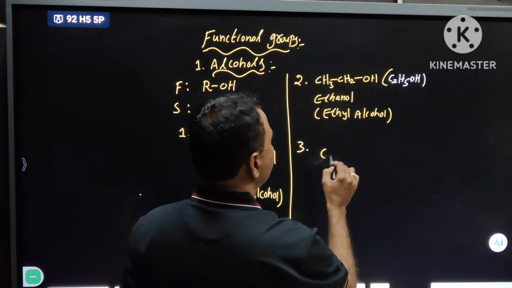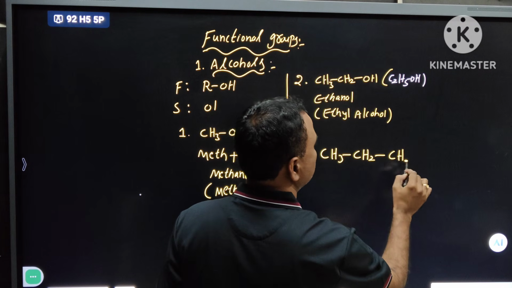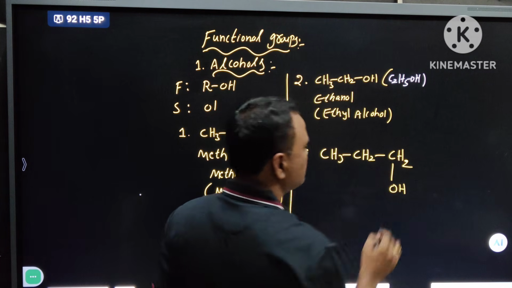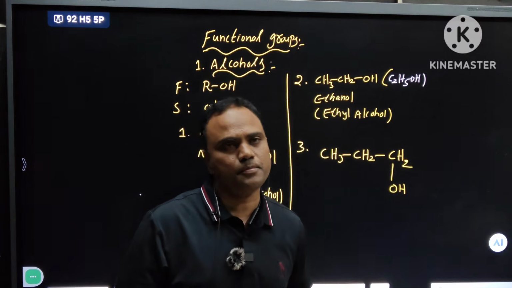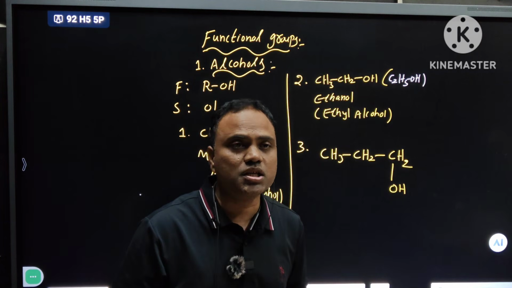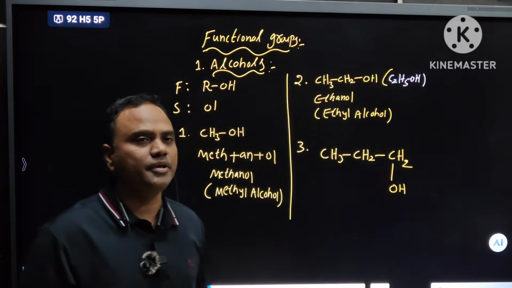Third one, CH3CH2CH2OH. Remember one important point: numbering should start from the carbon atom which is connected to the OH group, the functional group containing carbon. I told you at the beginning.